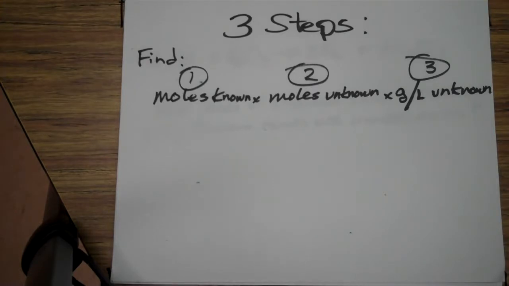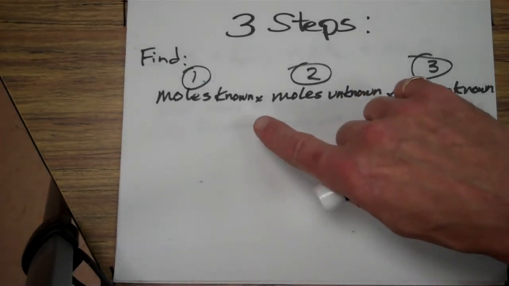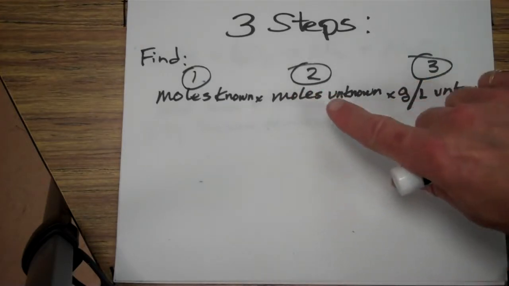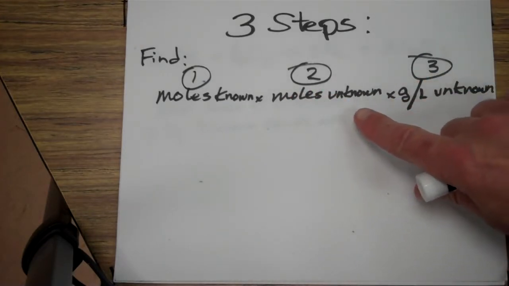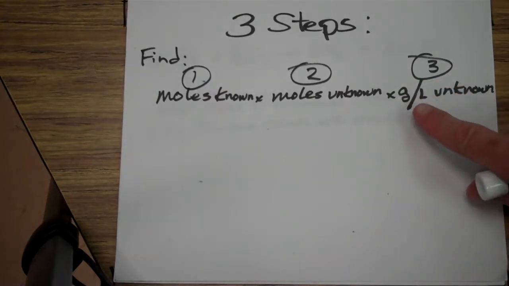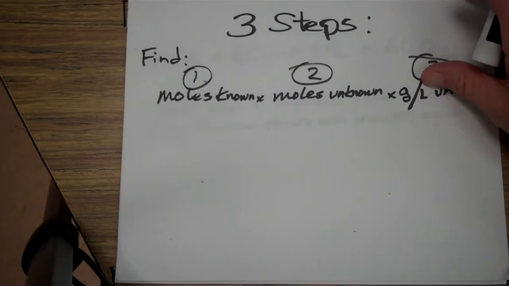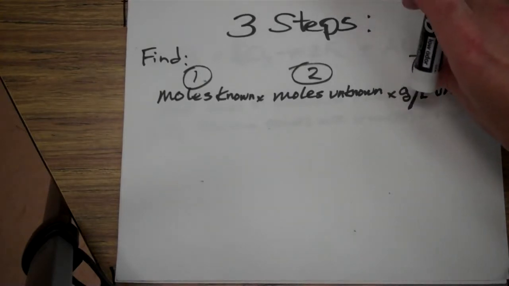So presuming you're given a problem where you have grams of a quantity and you want to find grams of an unknown quantity of a product, you would simply convert the grams to moles of your known, which is what you were given, multiply times moles of unknown, that's your unknown quantity that you want to find, times the grams or the liters of your unknown quantity. So let me show you an example of how this works.